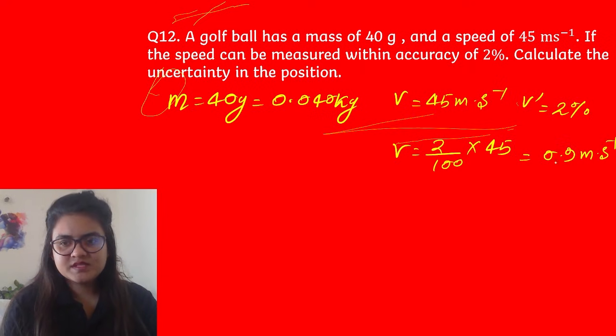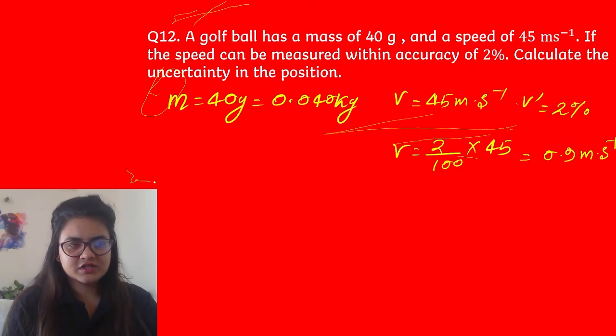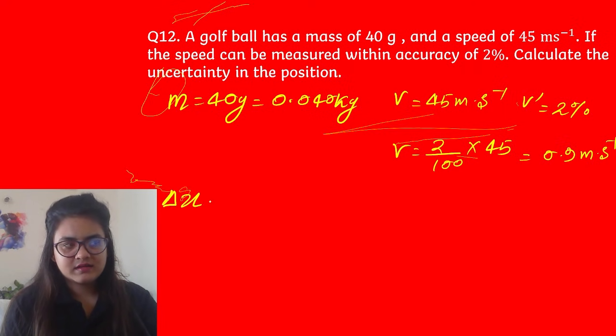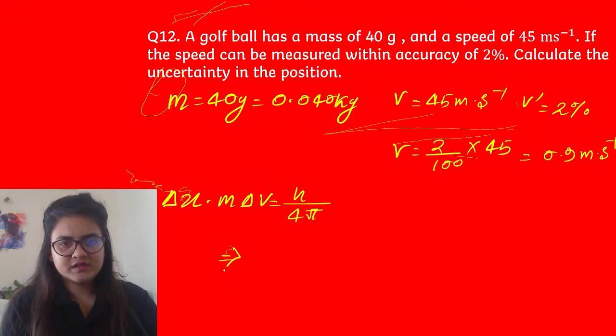Now let's put all the things into the equation, that is delta x into m into delta v equals h by 4 pi. Uncertainty in position means delta x you have to calculate.